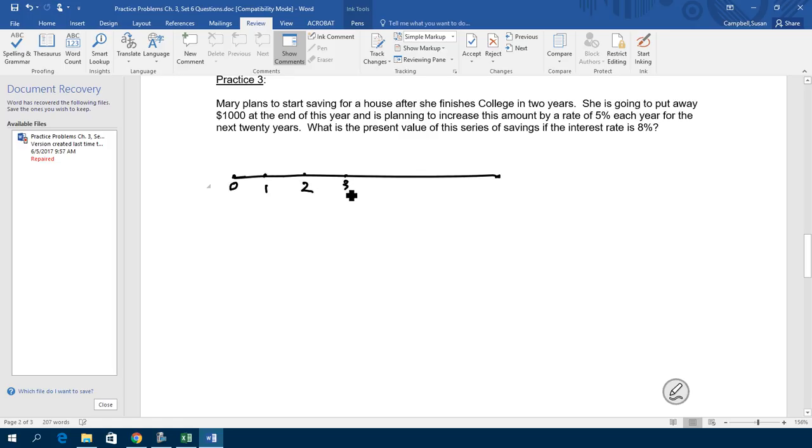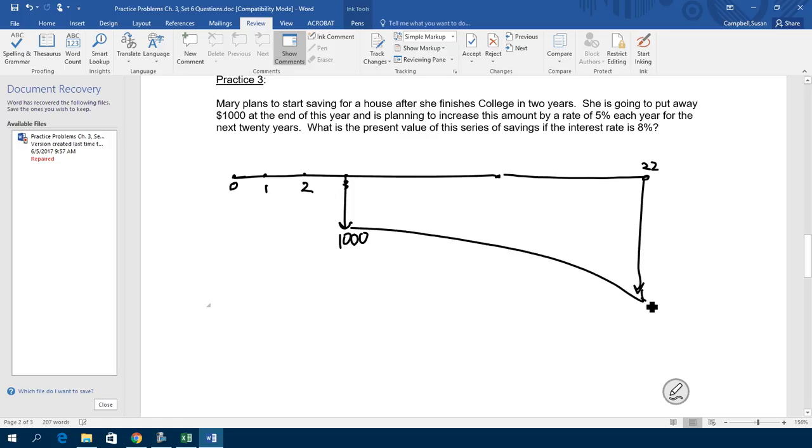It's not going to start happening until the end of year 2, and we're going to go till year 22. It's going to be some amount here that's going to increase at a rate of 5%. Interest rate is 8% and n is 20. That will give us a value back to here.